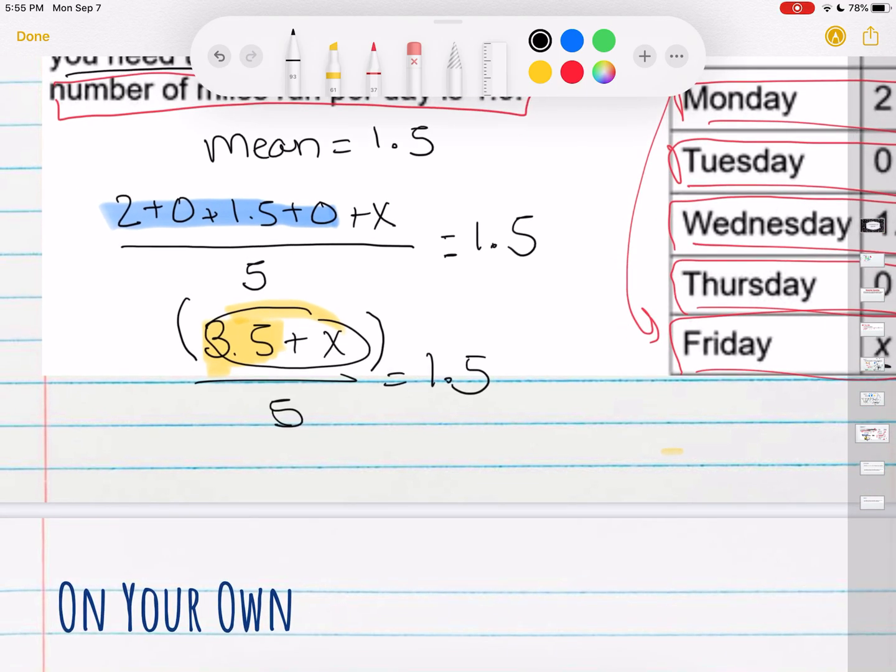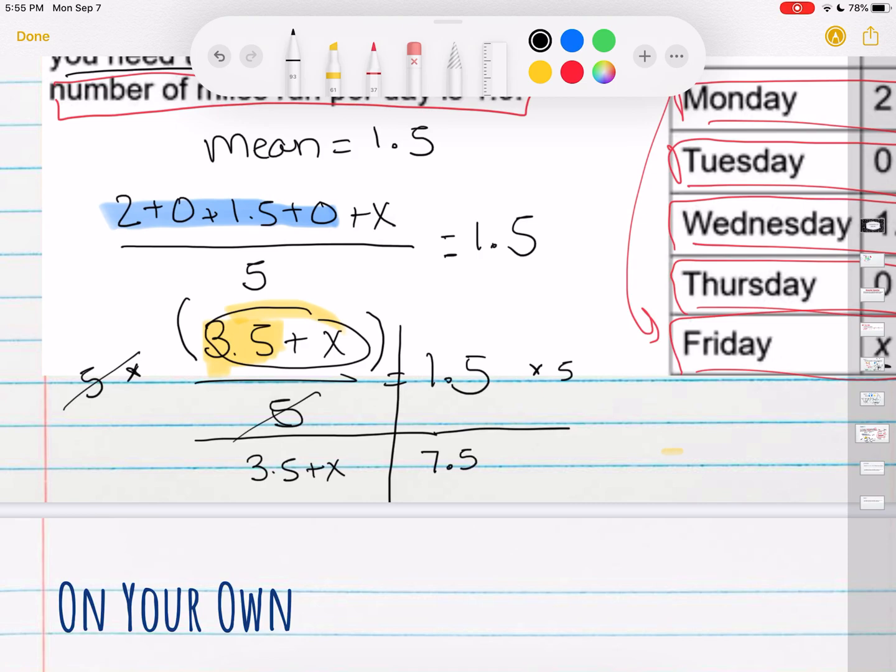Now that we know that 3.5 is the best friend to x, we can start solving this equation. We want to get rid of that divided by 5 first. So how do we get rid of divided by 5? We're going to multiply by 5 on each side. When we multiply by 5 on the left, we're just left with 3.5 plus x. When we multiply by 5 on the right, we're just left with 7.5.